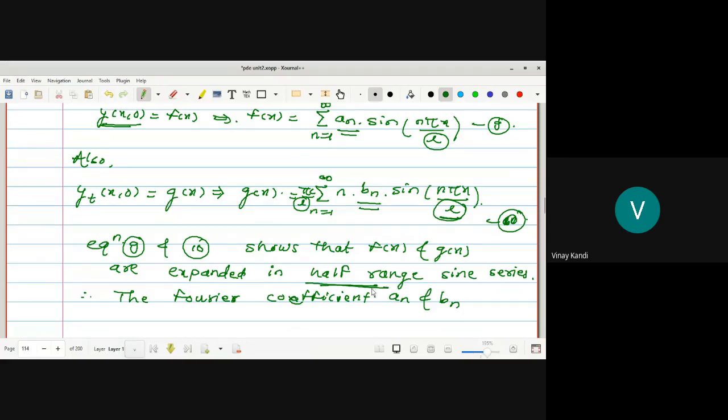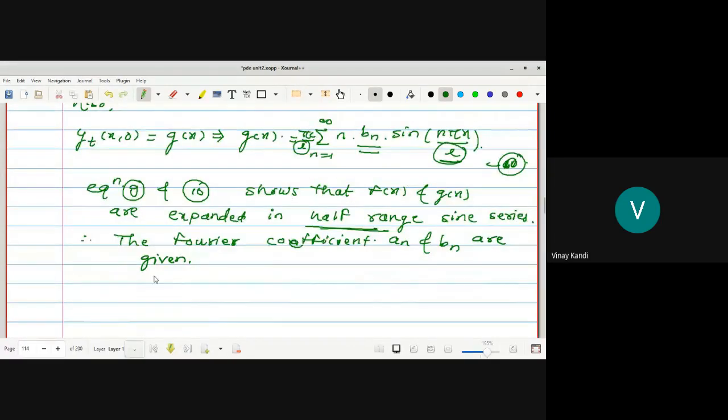Okay, Fourier series बघा. Okay, so these are the Fourier series expansion, where a_n and b_n are Fourier coefficients. Okay, the Fourier coefficients a_n and b_n are given by, in the Fourier series the coefficients are given like this. a_n is equal to 2 upon l into integration 0 to l.